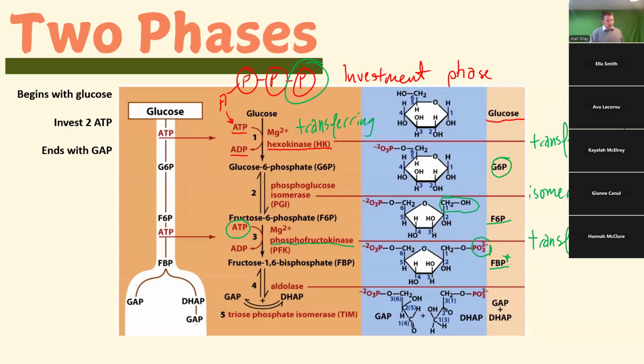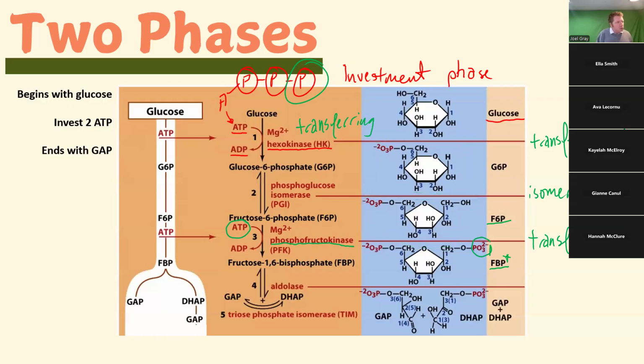Great question. The isomerase is taking glucose 6-phosphate, this molecule right here, and rearranging it into fructose 6-phosphate. So it's taking a 6-membered ring to make a 5-membered ring. Not losing anything in the process, just making the ring a little bit smaller. Now, well, why?